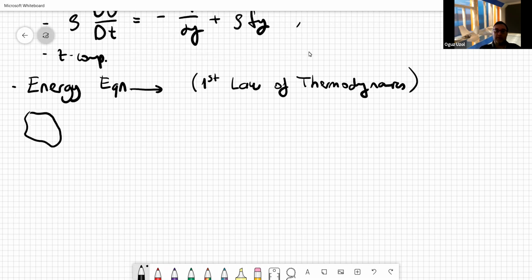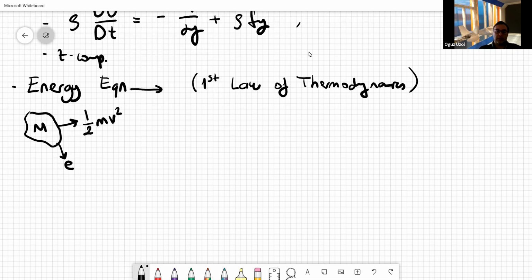So if there is a fluid particle moving around with a certain mass, well, it does have, first of all, a certain kinetic energy, right? It does have a kinetic energy, and it should have an internal energy, E, based on its temperature level. And if we are dealing with a heavy fluid like water, the potential energy that it has will also be relevant.